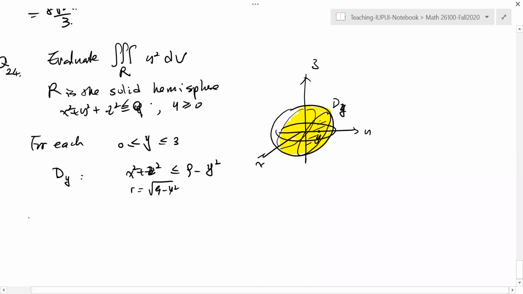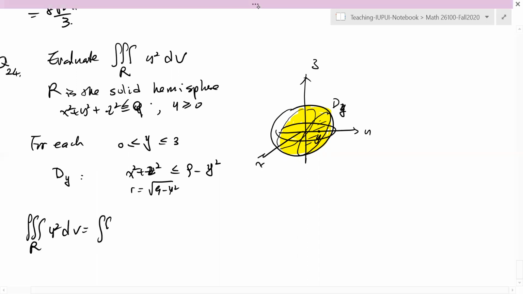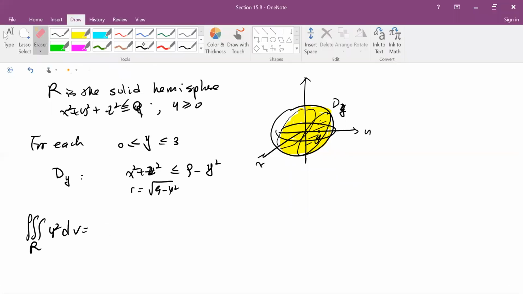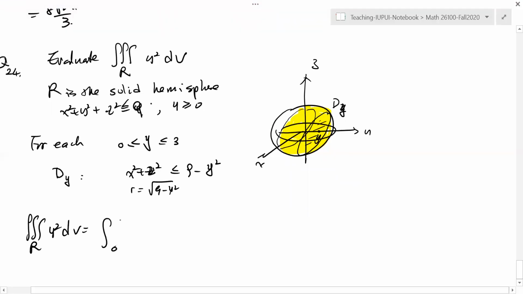So the triple integral is going to be the single integral. First, y is from 0 to 9. And then a double integral, that will be dA, and dy.